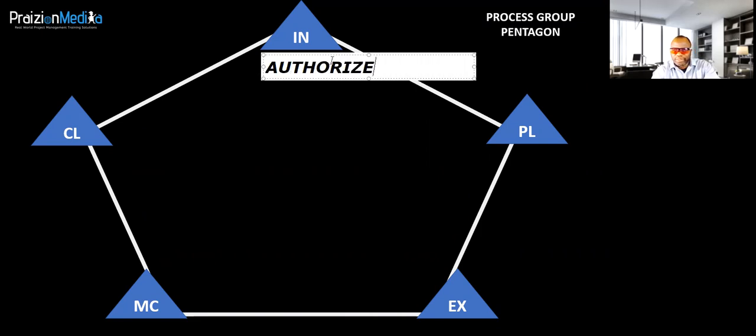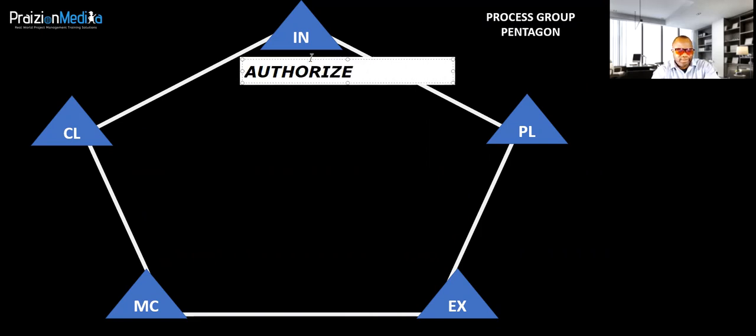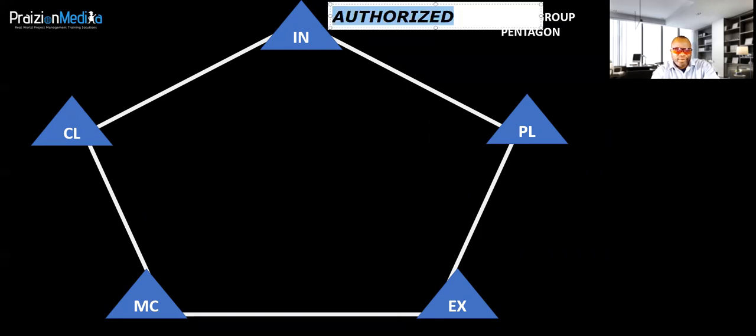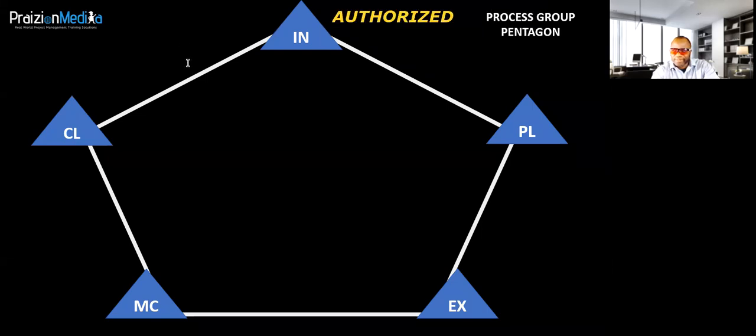This is where the project is authorized. Jotting down notes like this is only going to help you better solidify your understanding of this. So the project is authorized here. The relationship is you now have the authority to do all of the other process groups.